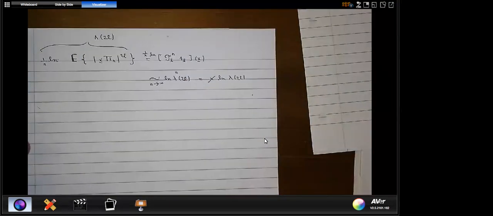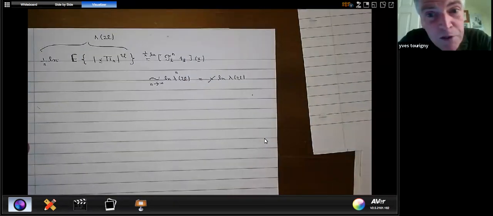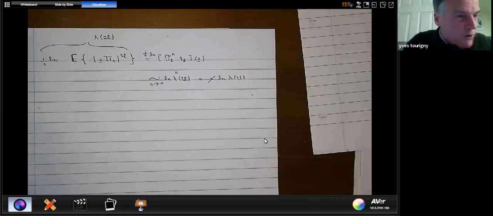We'll see that this function is actually expressible in terms of the leading eigenvalue of the operator TL. So that was an important point I wanted to make.